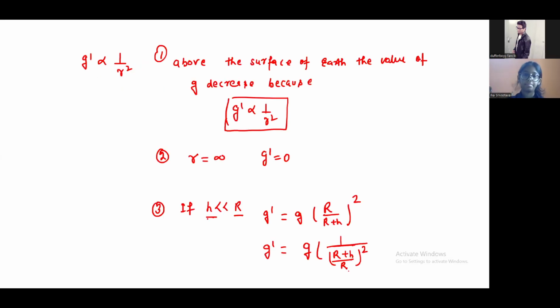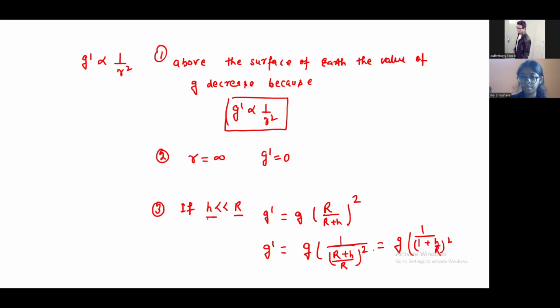Now we get g dash is equal to g into 1 by (1 plus h by R) whole square.